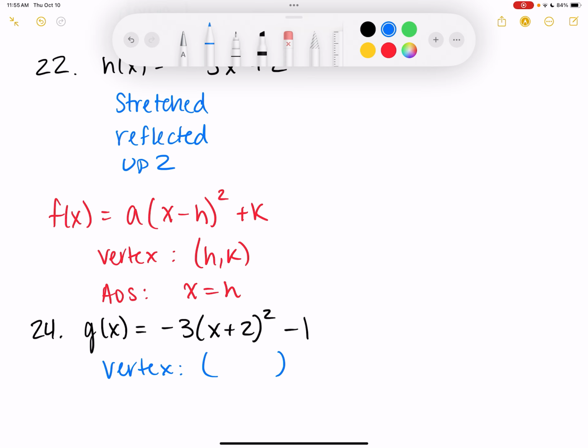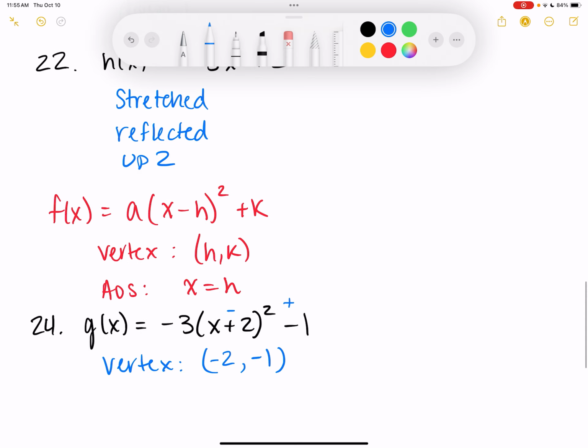Negative 2. And then 1. So we've got to watch our sign. So relating to this one up here, this is supposed to be a negative sign. This is supposed to be a positive sign. So this, like you said, is negative 2. But this one is the opposite of what it should be. So this one is negative 1.